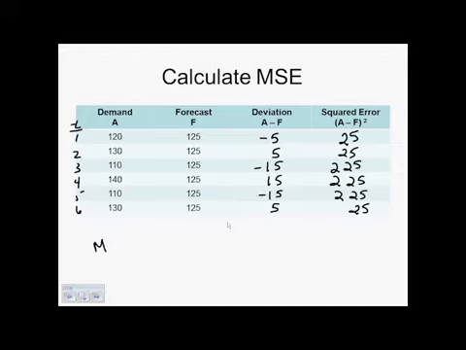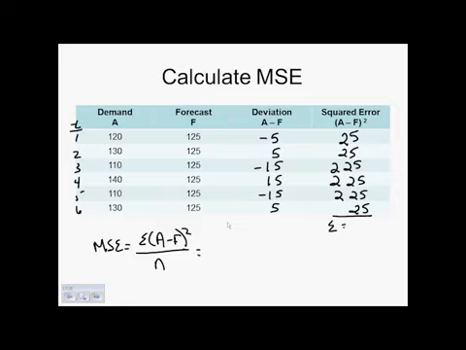Again, our mean squared error is found by summing the actual minus the forecasted in each time period, squaring them, divided by n. So I want to sum this up.